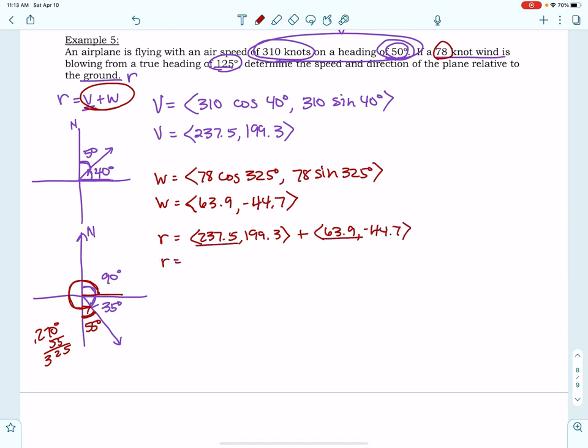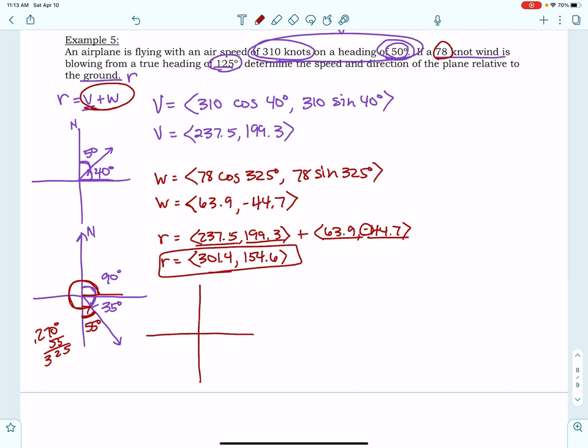So this plus this gets added together, and I end up with 301.4. This and this add together. Notice this is a negative. So I get 154.6.